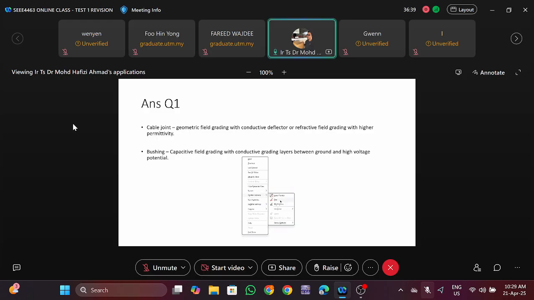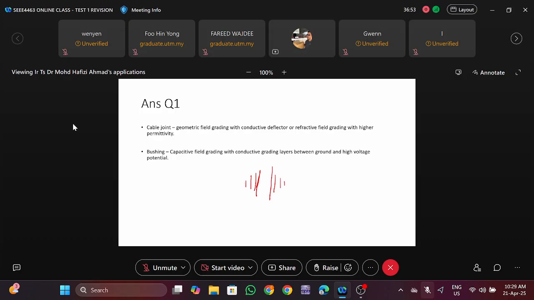If you still remember, we have different layers. This is the bushing, this is the transformer tank, and these are the bushing and the conductor of the bushing. So we have this capacitive layer, and every capacitive layer has a capacitance.